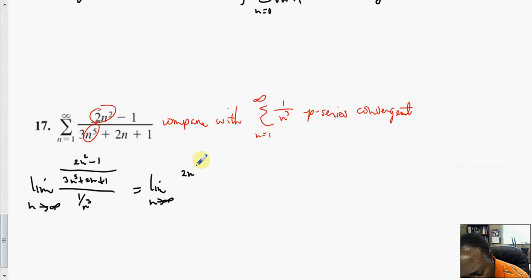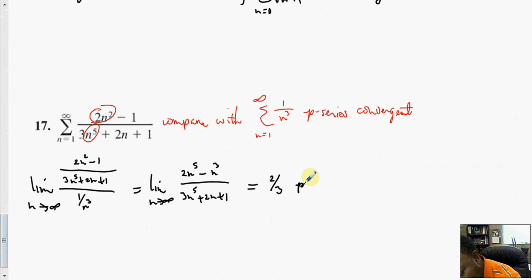So this is 2n to the fifth minus n to the third all over 3n to the fifth plus 2n plus 1. The limit here, since the power of the numerator is the same as the power of our denominator, is the ratio of the leading coefficients, 2 divided by 3.